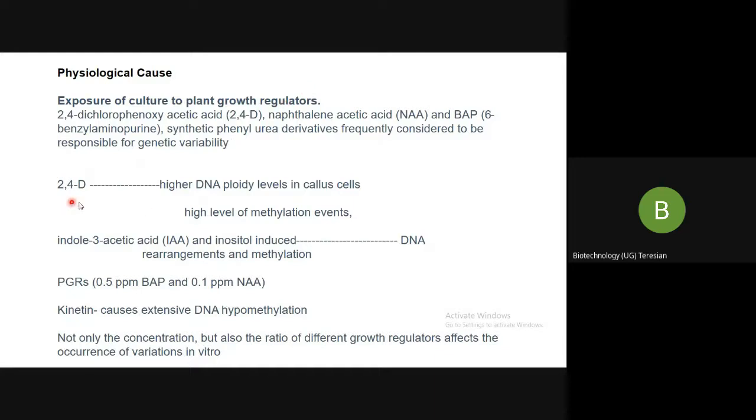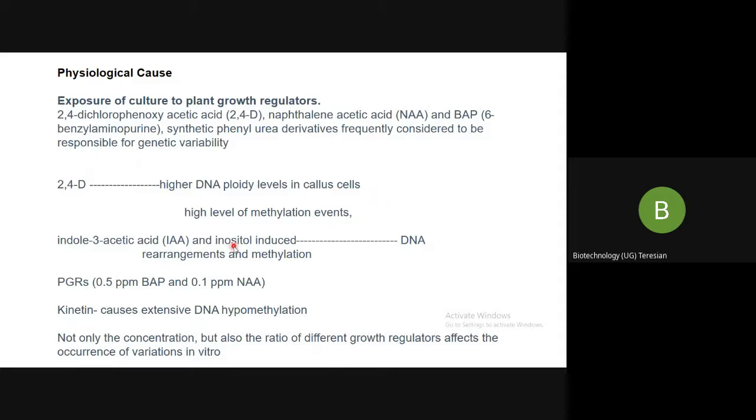For example, 2,4-D can cause higher DNA ploidy levels in callus. Ploidy, I told you, can either increase or decrease the number of sets of chromosomes. And it can induce a high level of methylation in the callus cells, that is, addition of methyl groups. That can lead again to variation.